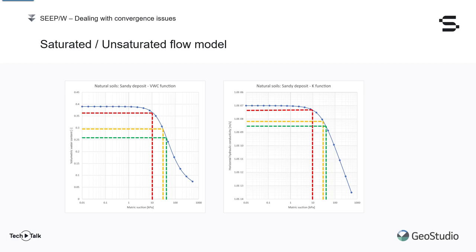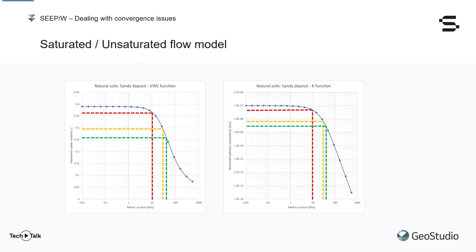This iterative process will go on as long as the pore water pressure used on a given iteration doesn't match with the calculated values from the following iteration. In most cases, the solver needs a few trials and will succeed in finding a converged solution.